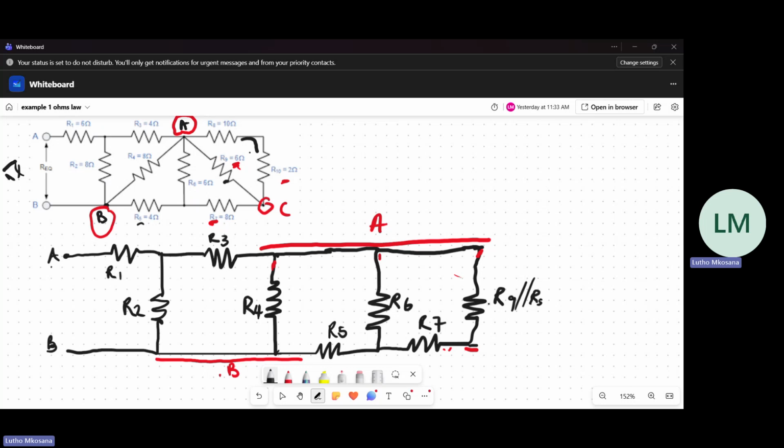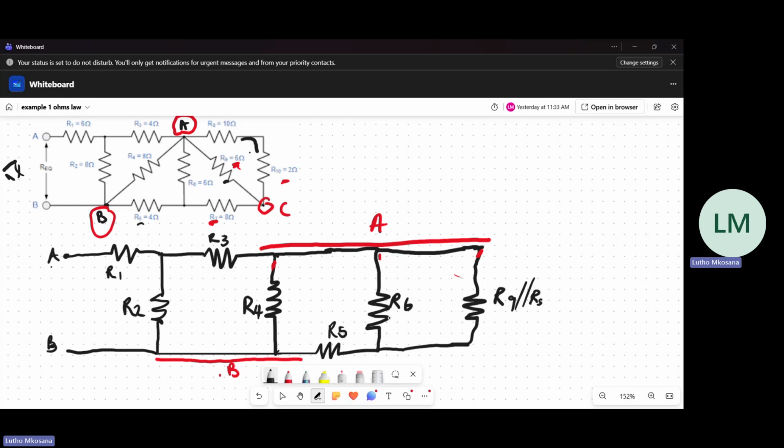We won't be doing calculations at this point, but we're just doing a circuit analysis. And then that series and parallel combination will now be in series with this. All we will need to do is add the two, and then that combination will thus reduce our circuit in this manner, such that we will be left with this type of circuit.